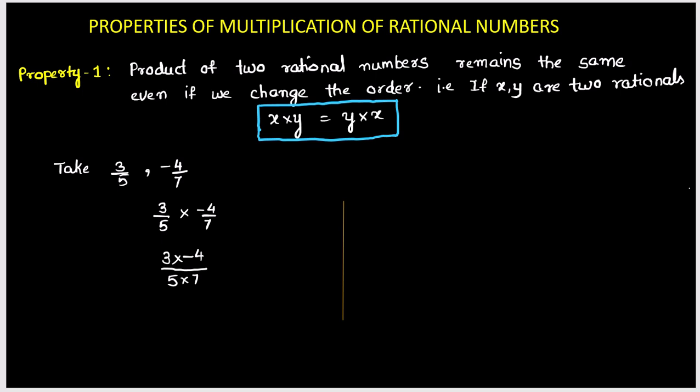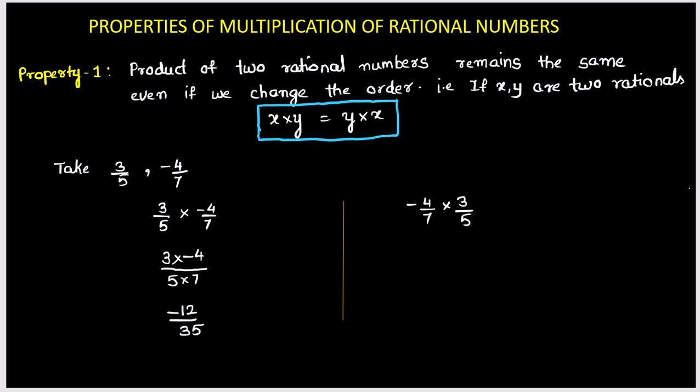So for the product, you have to multiply the signs first. Plus into minus, minus. 3 fours are 12 upon 5 sevens are 35. So this is the product of these two rational numbers. Now let us change the order. First let us write minus 4 by 7 multiplied by the next rational 3 by 5.